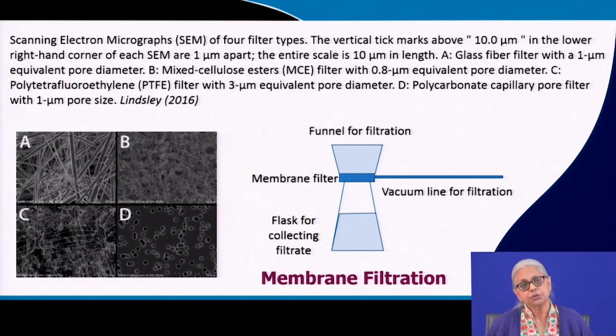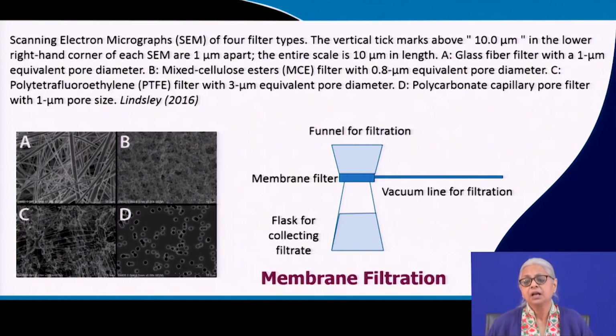The advantage of glass fiber filters is that when you quantify suspended solids and want to know the volatile suspended solids, you burn these filters and they burn without ash. If you use a paper or cellulose type filter, it will leave a remainder of ash and you won't know the weight difference between the ash from the filter versus the solids. So glass fiber filters are used for volatile suspended solids measurements.